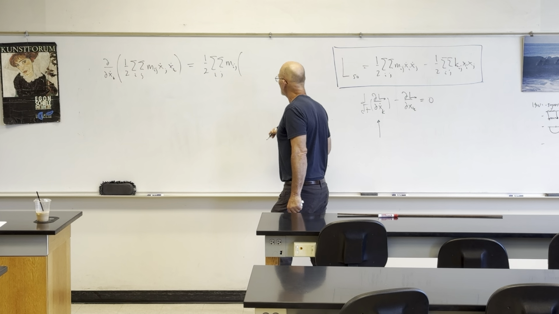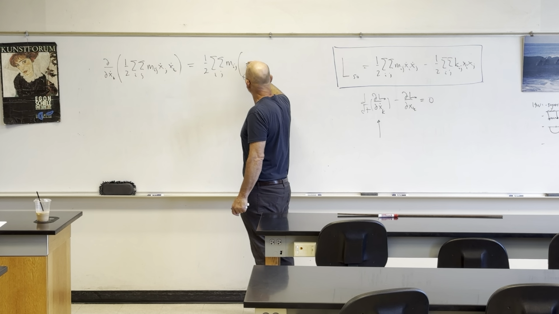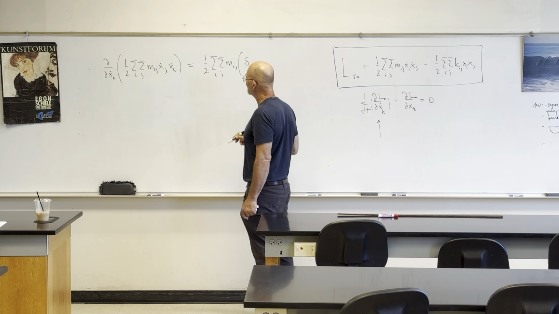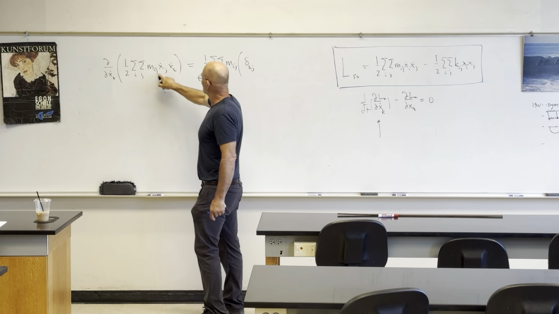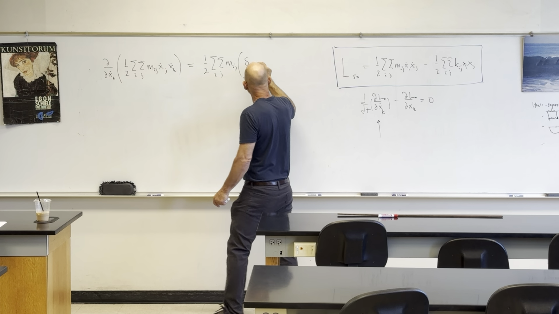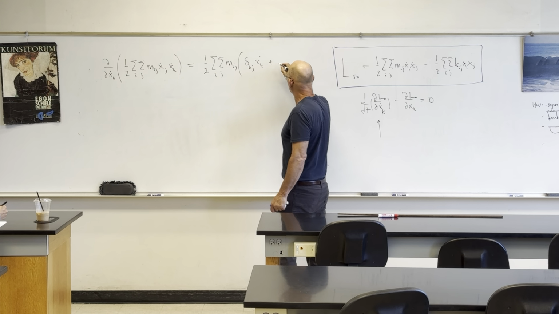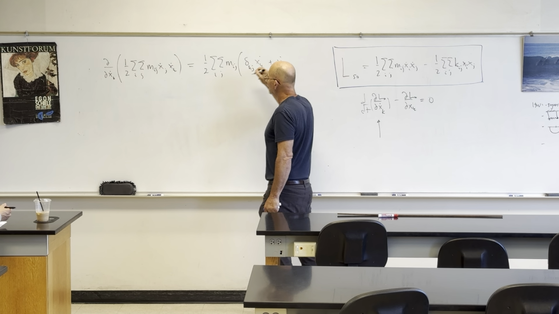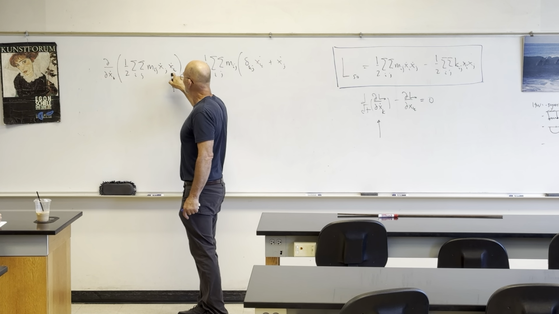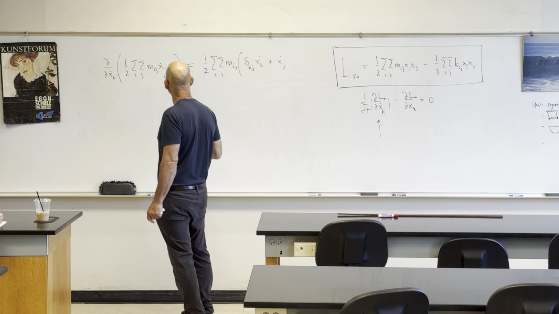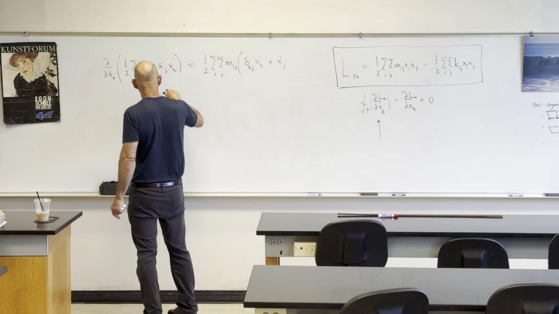So the first one is going to be delta kj, for this thing here in xk dot. And the product rule is going to give us xj dot, and then the partial. Oh, my bad. Back up here.